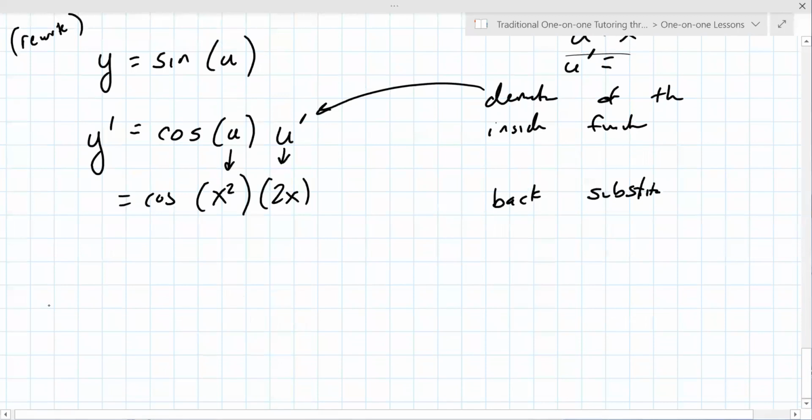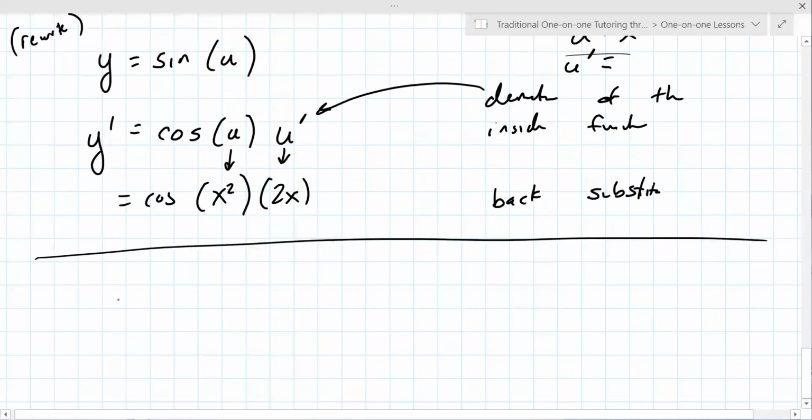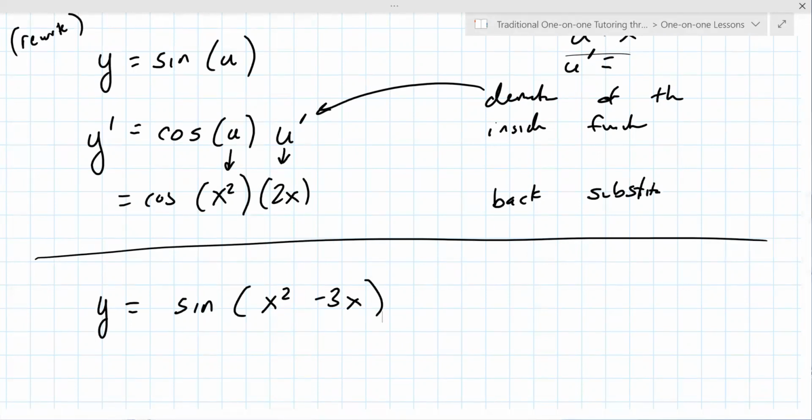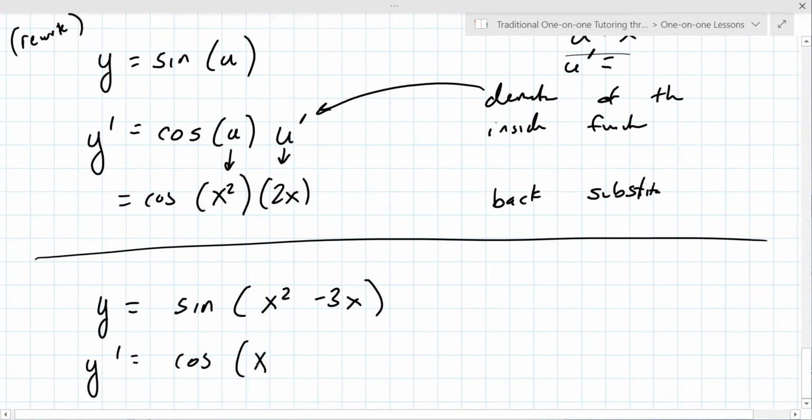Okay, so let's try another one. Let's say y equals sine of x squared minus 3x. So the derivative is cosine of, and you keep the inside function.